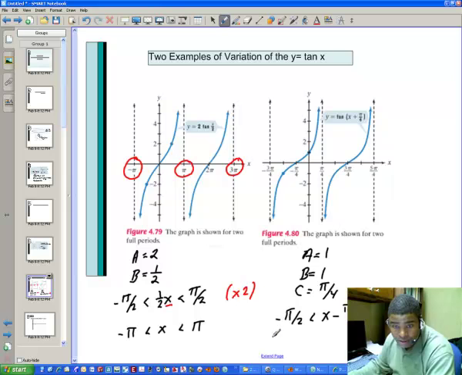If we added pi over 4 to this term here, we would actually add fractions, so that would be negative 2 pi over 4, and so that would actually give us a negative pi over 4.